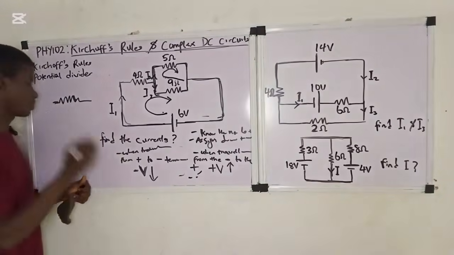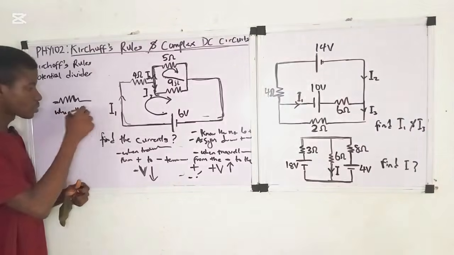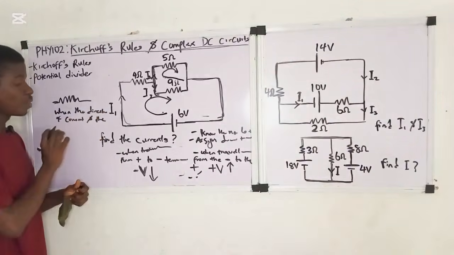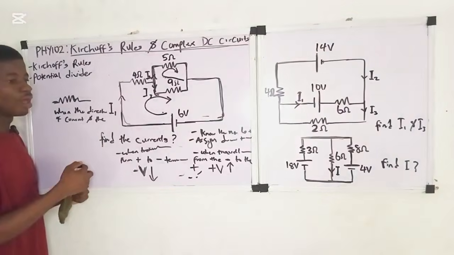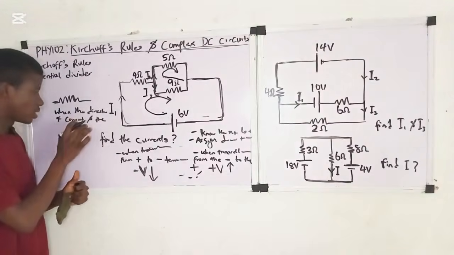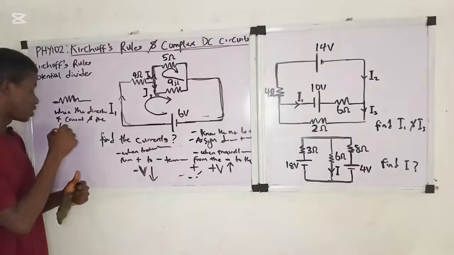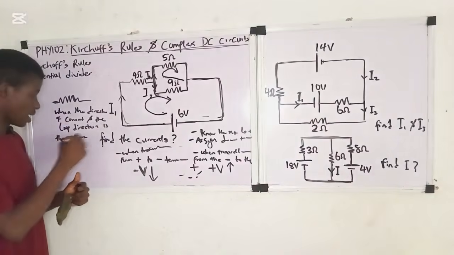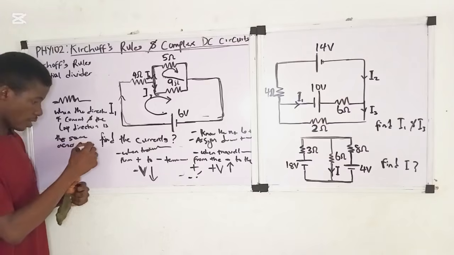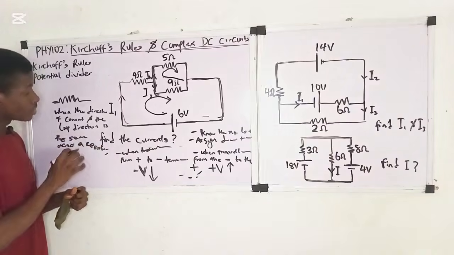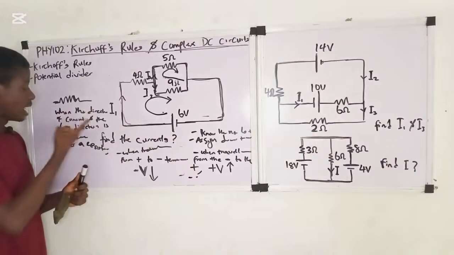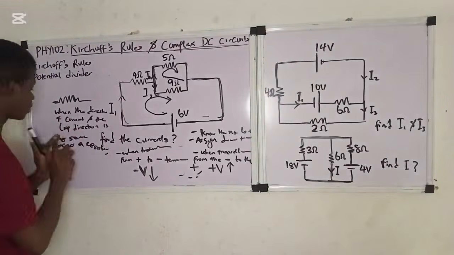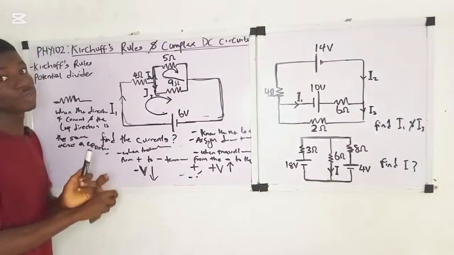Next thing is that when the direction of the current and the loop direction is the same across a resistor, the voltage across the resistor is usually negative.